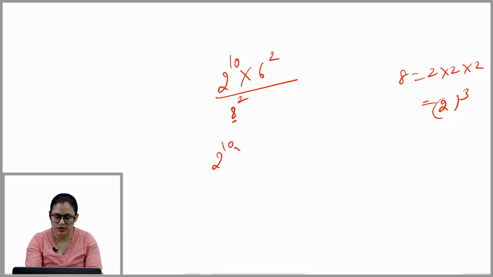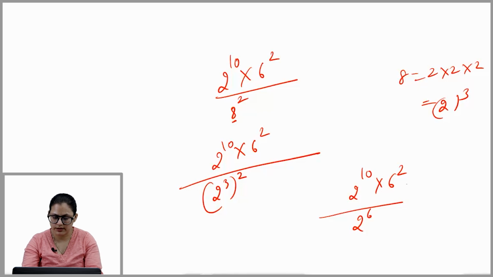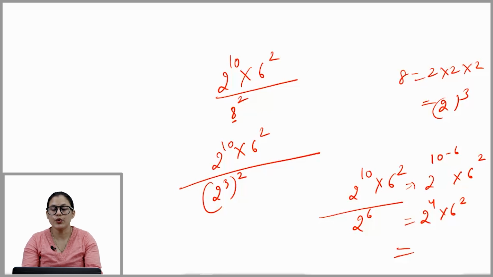So 2 raised to the power 3, raised to the power 2, is 2 raised to the power 6. So 2 raised to the power 10 into 6 raised to the power 2 upon 2 raised to the power 6 is equal to 2 raised to the power 10 minus 6 into 6 raised to the power 2. So 2 raised to the power 4 into 6 raised to the power 2. 2 raised to the power 4 is 16 and 6 raised to the power 2 is 36. And 16 into 36 is what? 576. Okay, so this is the answer.